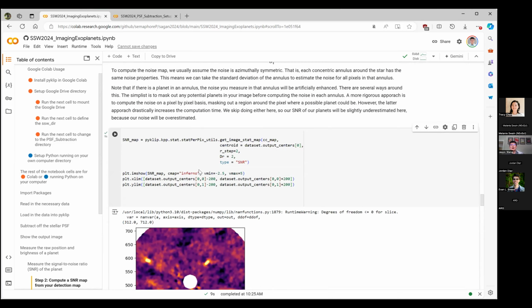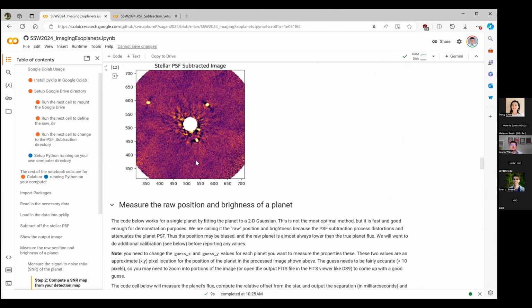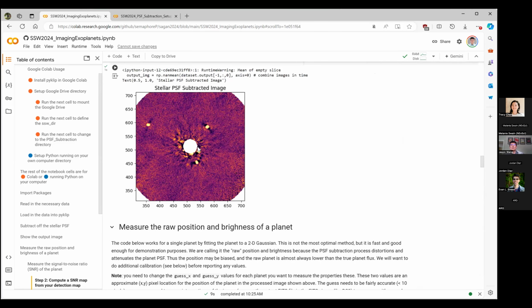This is in contrast to our initial image here, where all 4 planets have almost the same brightness. This is because even though this planet is pretty bright, the noise at the same separation as the planet is almost equally as bright. So we can't tell for sure if this is a real planet or not.